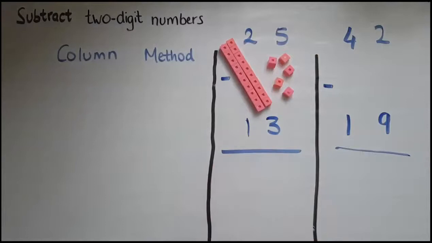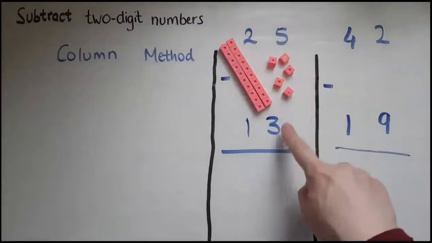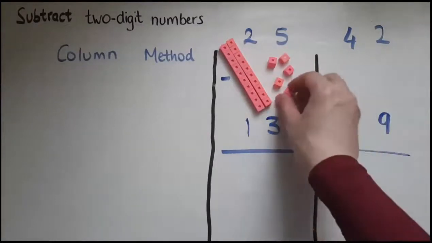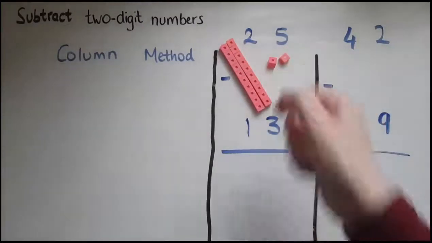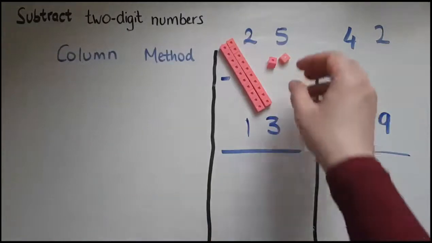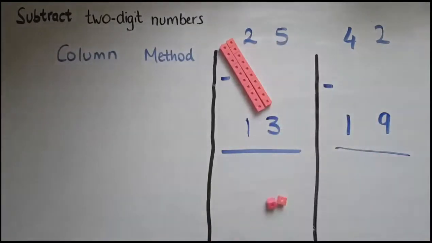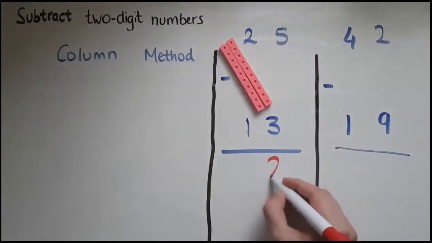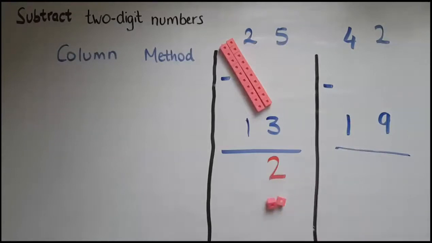I need to take away 13 from that. So I'll start from the units because I may not be able to take away enough. And we'll see what that means. So I've got 5, I need to take away 3. There's 1, 2, 3. I've taken away 3, so that's left me with 2. So there is 2.